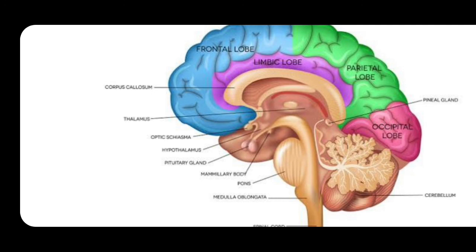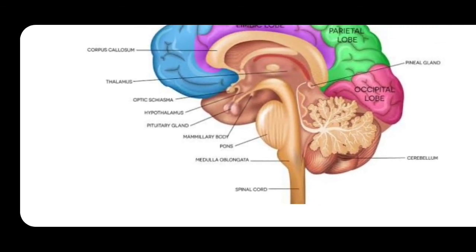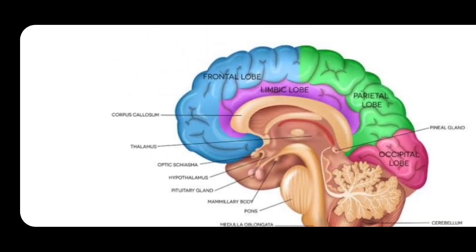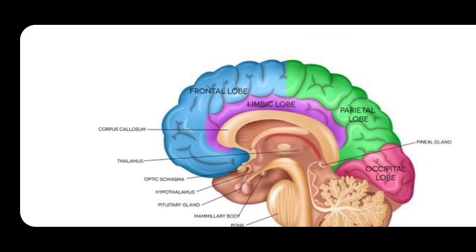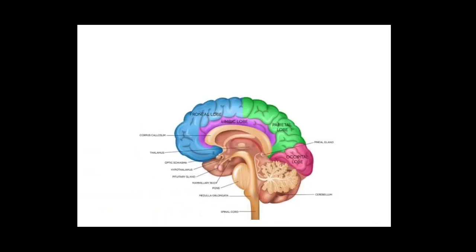Then you have come across the hypothalamus. Here you can see the limbic lobe or limbic system, which controls functions along with the hypothalamus. Thank you.